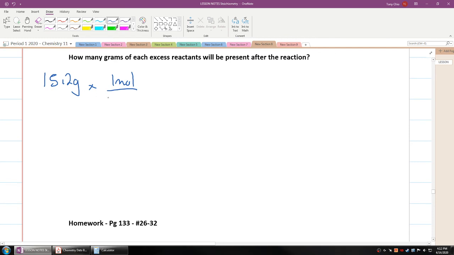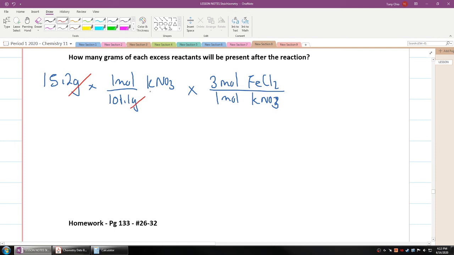So you have 15.2 grams divided by 101.1 grams of KNO3. But this time you're going to cross the mole bridge to get to FeCl2, which is 3 moles of FeCl2 over 1 mole of KNO3. So your grams cancel out, your moles cancel out.